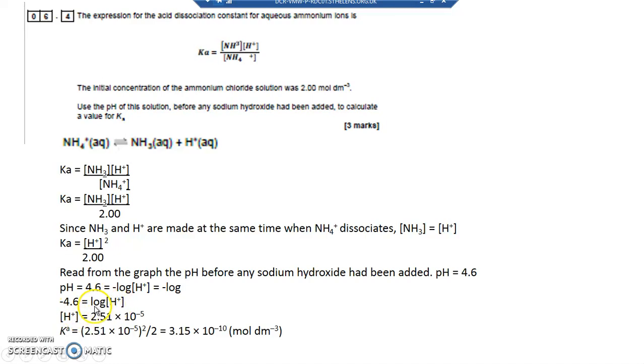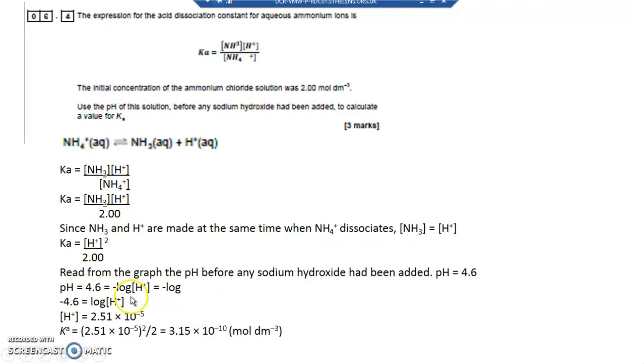Inverse log, shift log, second function log of minus 4.6 will give me the H+ concentration. And so now I've got H+ concentration squared, so I square this, divided by the 2 mole per decimetre cubed, which is the concentration of NH4+ ammonium chloride. 3.15 is Ka, and that's what I'm trying to find.